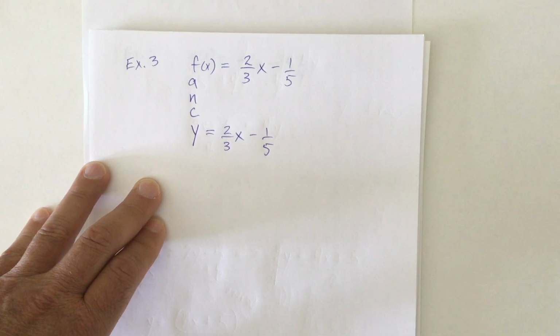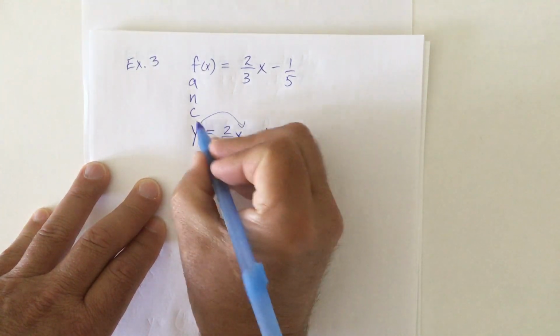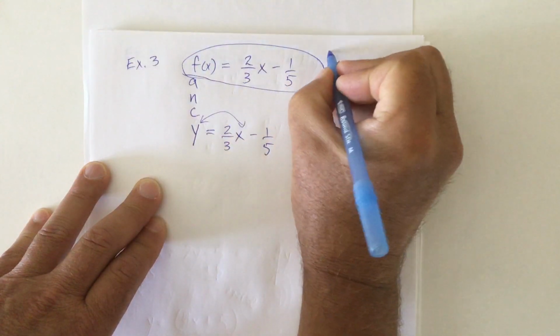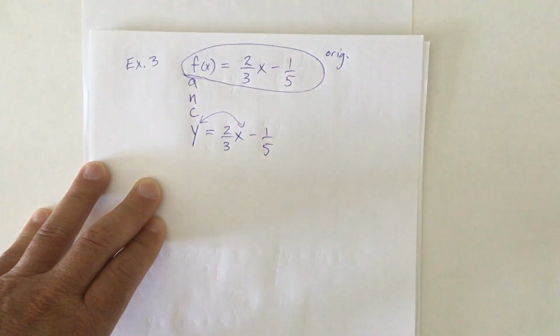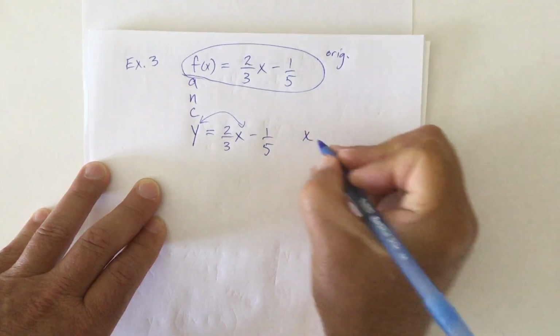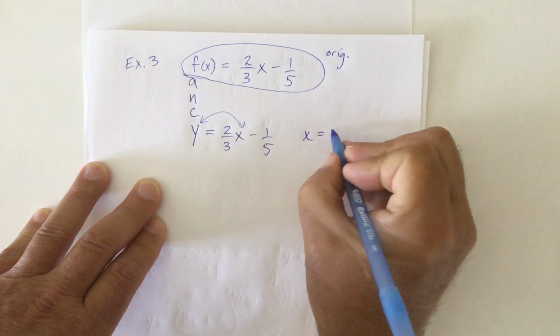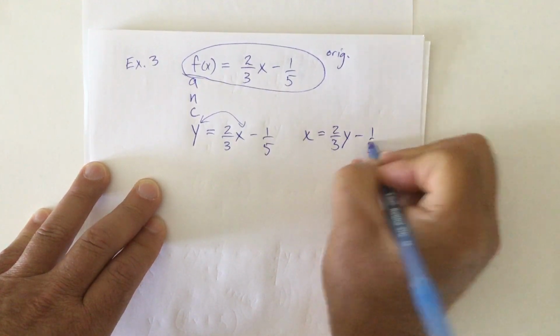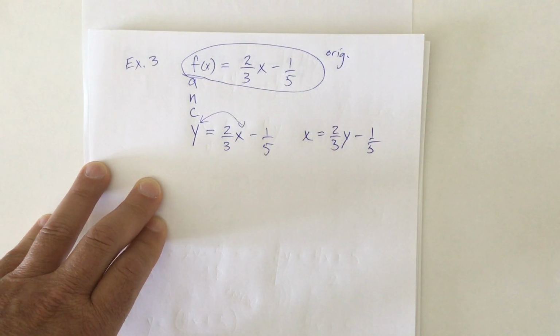Hey, that's the first step anyway, write it in y equals form. Then I'm going to switch the x and the y. So don't lose sight of it. This was my original, okay? This was my original up here. But if I switch the x with the y, I get x equals 2/3 y minus 1/5.